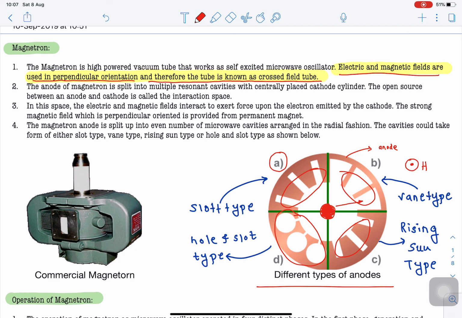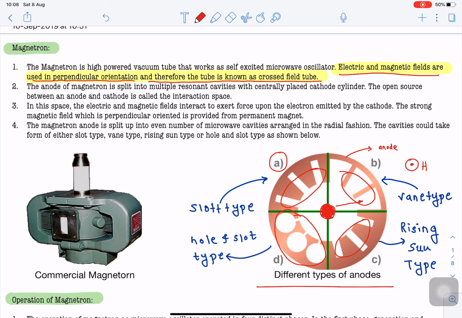In this space the electric and magnetic fields interact with the electrons released by the cathode. This interaction will exert a force on the electrons emitted by the cathode. The strong magnetic field, which is oriented perpendicularly, provides the effect of a permanent magnet, right?